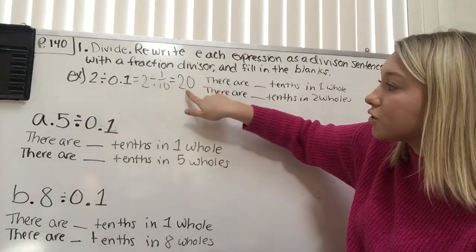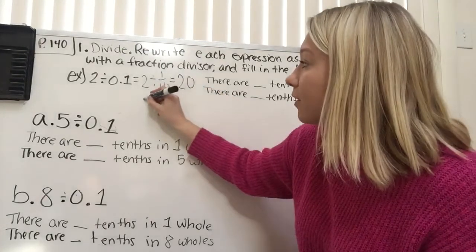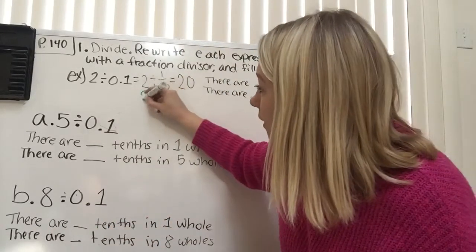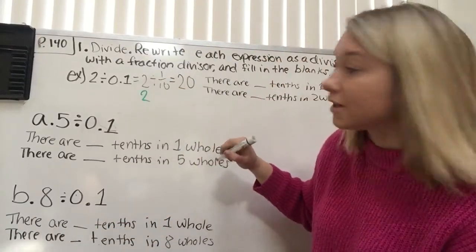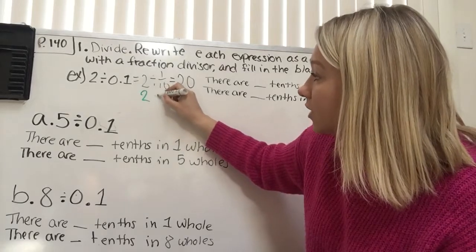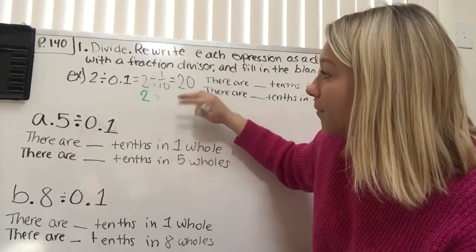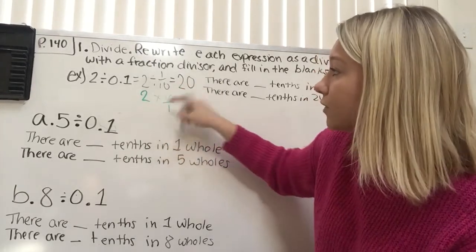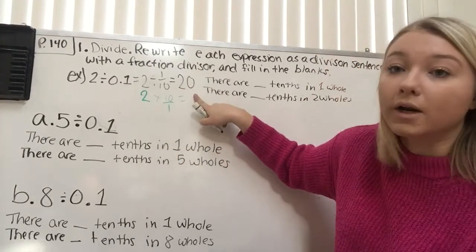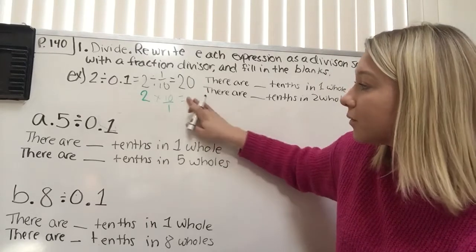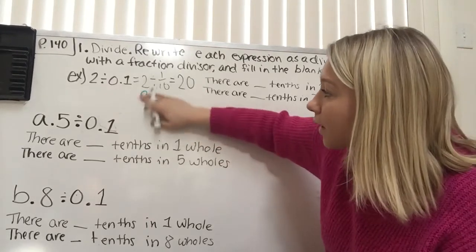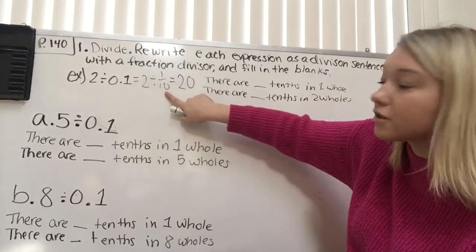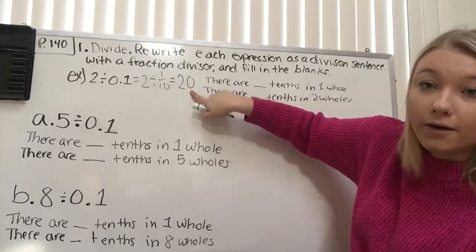And then equals 20, because we keep the first number, which is 2, the first factor, we change it, and then we flip it. It's going to be 2 times 10 over 1, or 2 times 10, which is going to equal 20. So all they're doing here is taking the first part of the expression and rewriting it into fraction form, and then solving, okay?